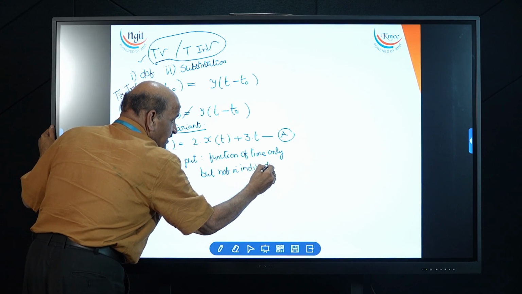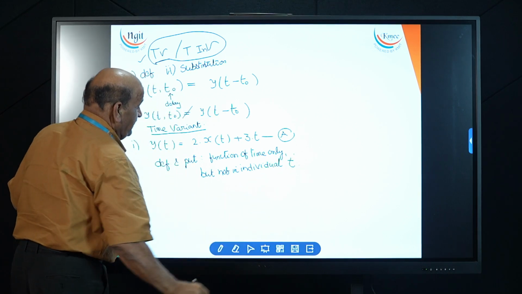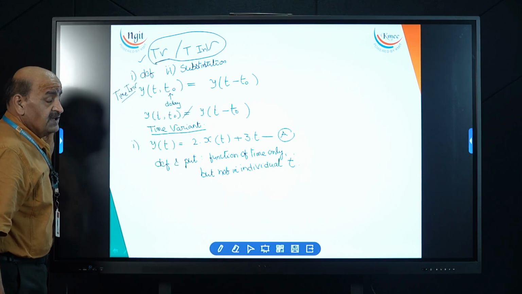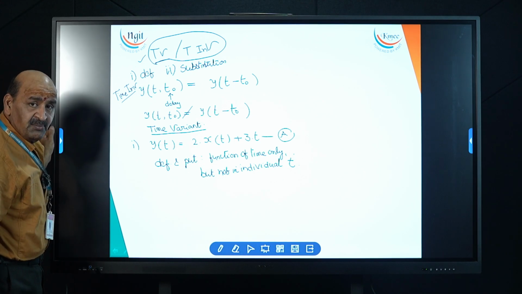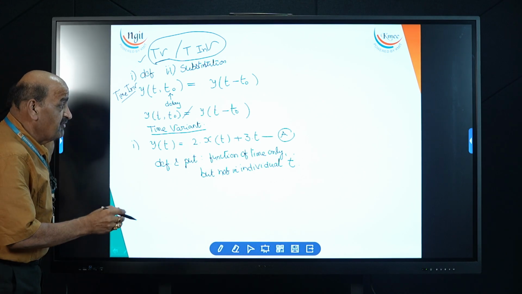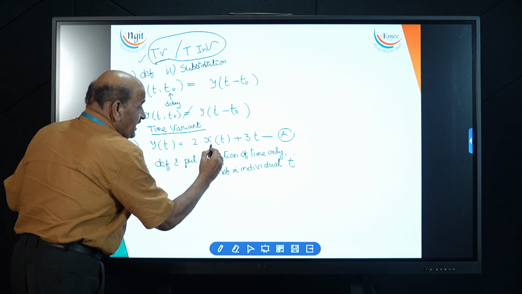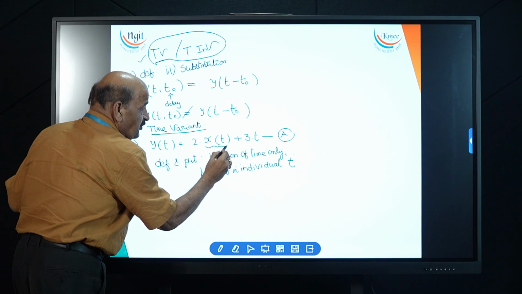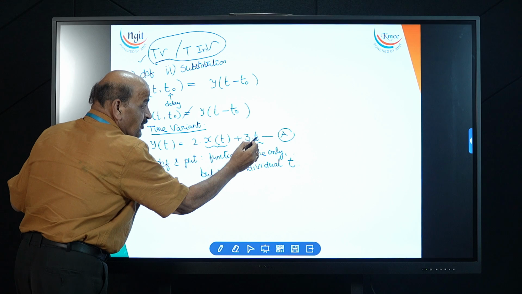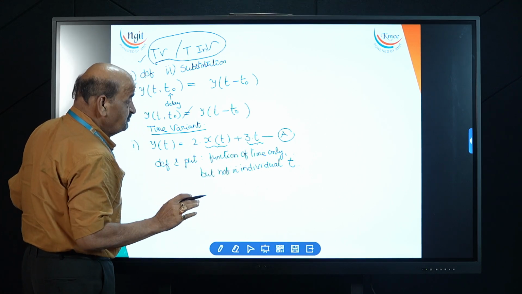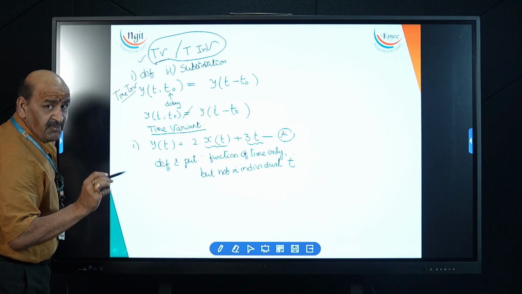Here x of t is a function of t, so you have to make it here. Here t is not any function of t, it is an individual variable. So here we should not apply anything. Substitution should not be applied.